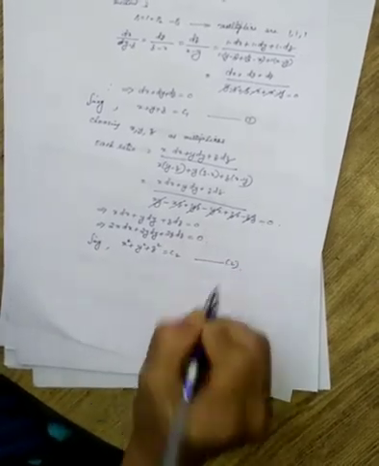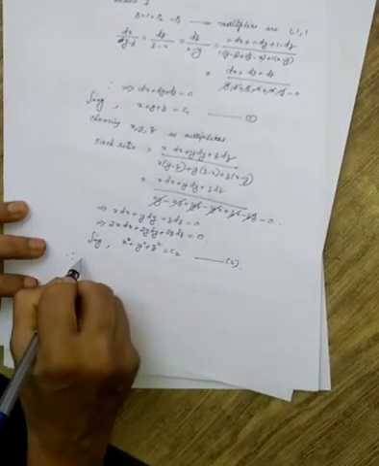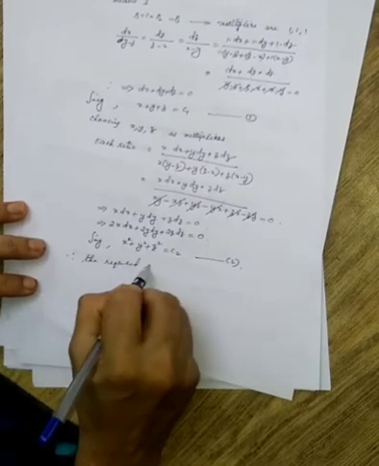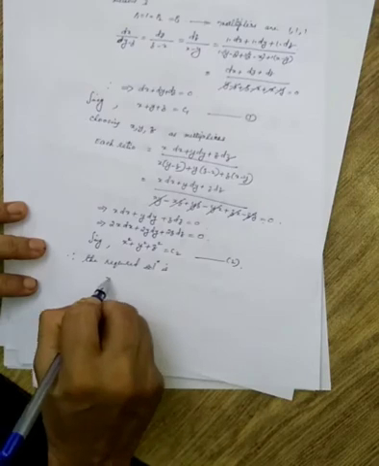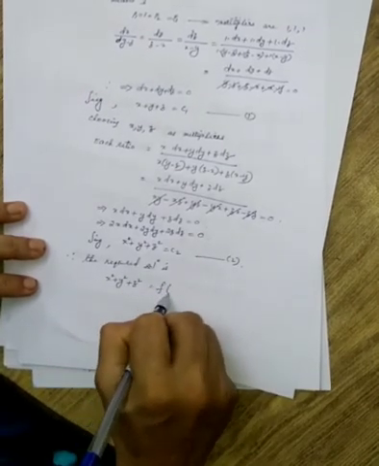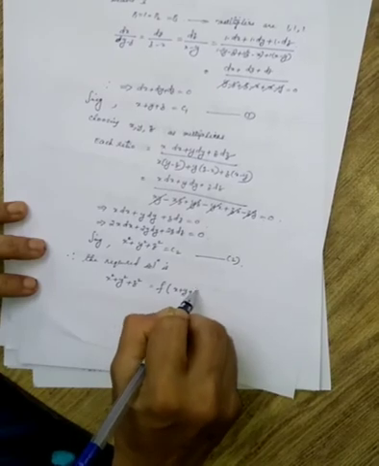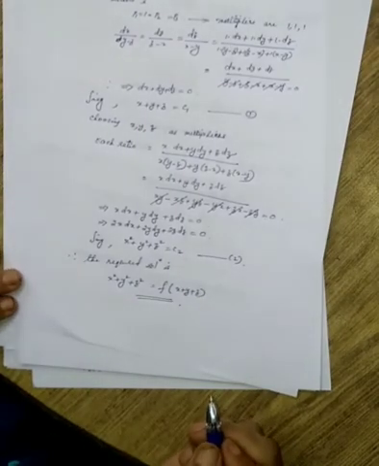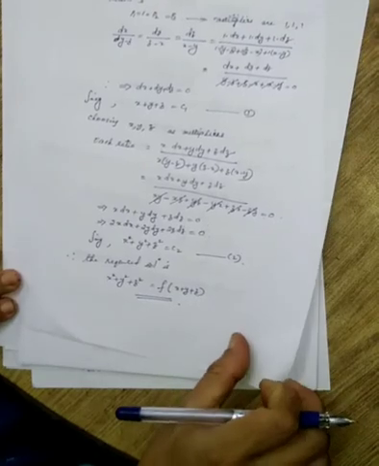We get the second part of the solution also. Therefore, the required solution is x square plus y square plus z square equal to a function of x plus y plus z. I hope all of you understand this method.